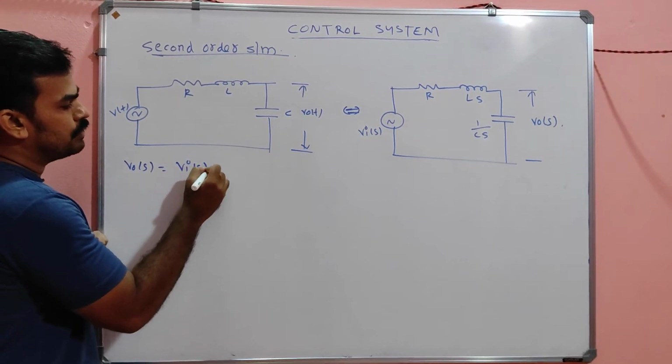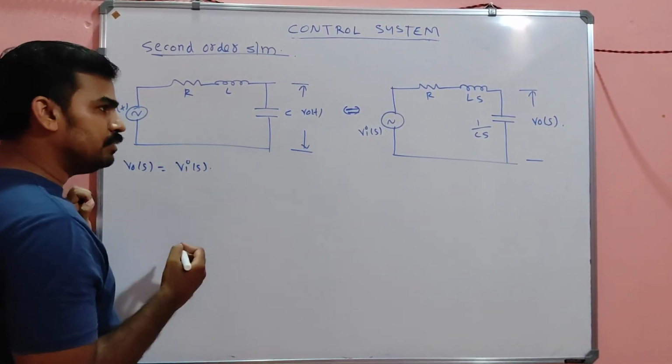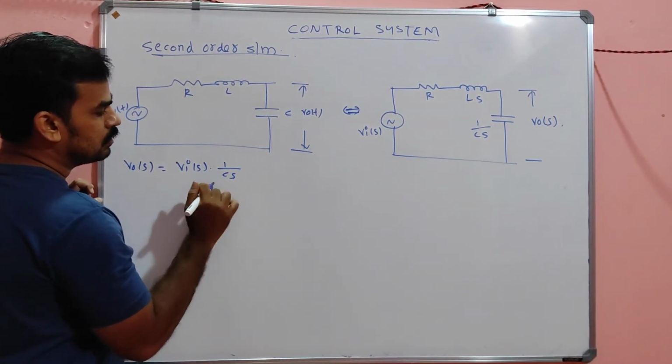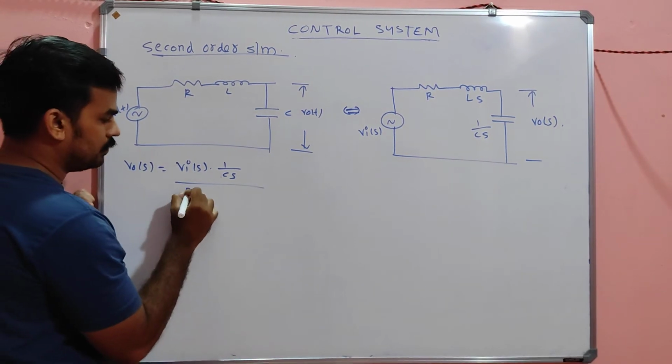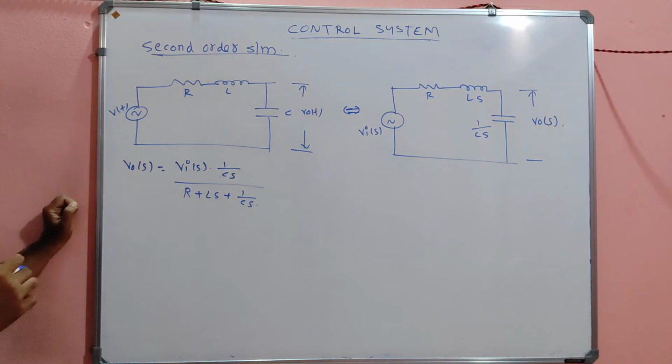It's nothing but VA of S into, the whole will be like a series circuit now, so the voltage division rule can apply. 1 by CS whole divided by R plus LS plus 1 by CS.